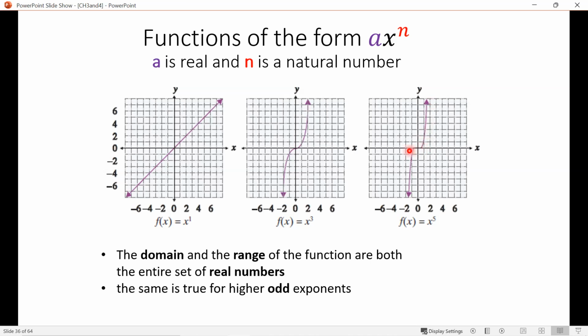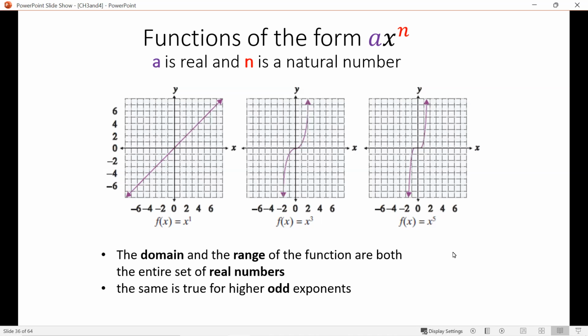And really, as the power of x just gets higher and higher, we keep the same shape, but it just gets more extreme. I don't know if you noticed, but the corners here are tighter. Okay, so before, when x is less than 1, it's very, very small. And as soon as x gets greater than 1, it really blows up faster for higher powers of x.